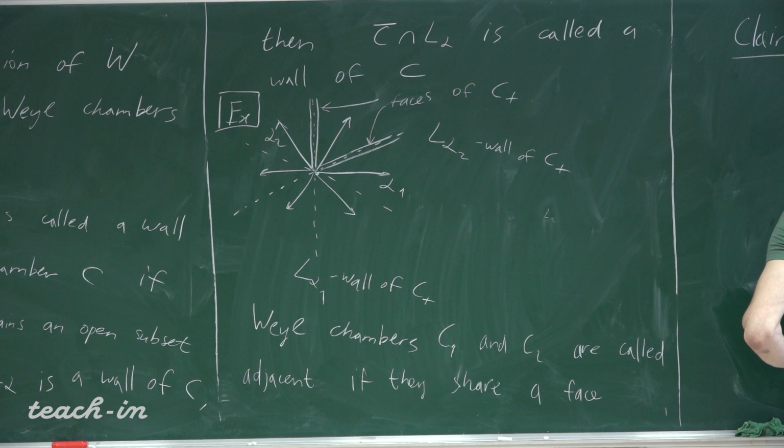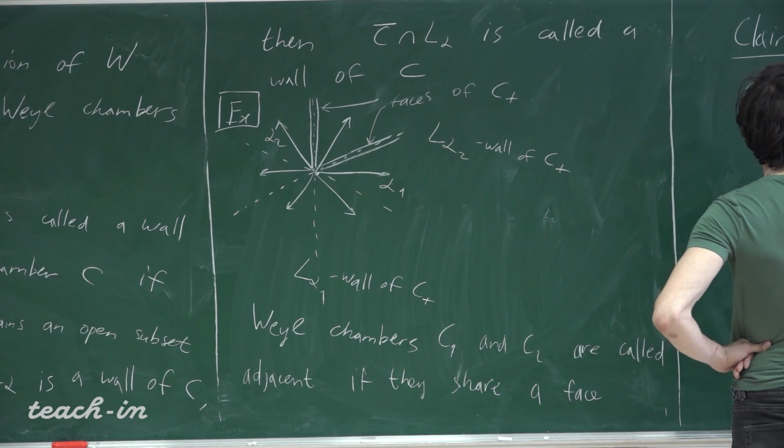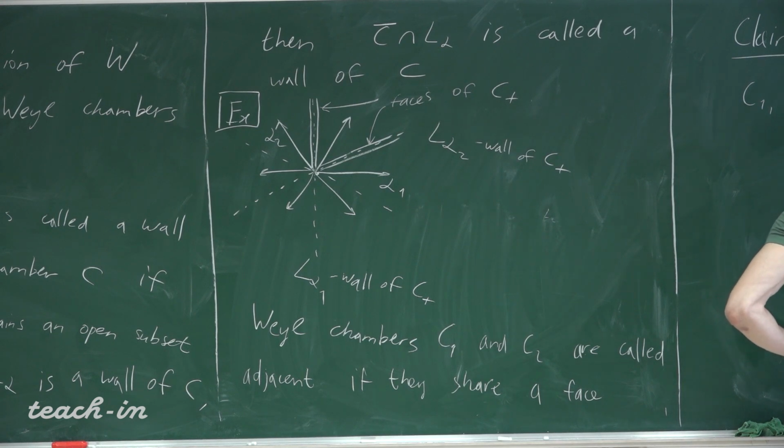For any Weyl chambers C and C prime, there exists a sequence of Weyl chambers.